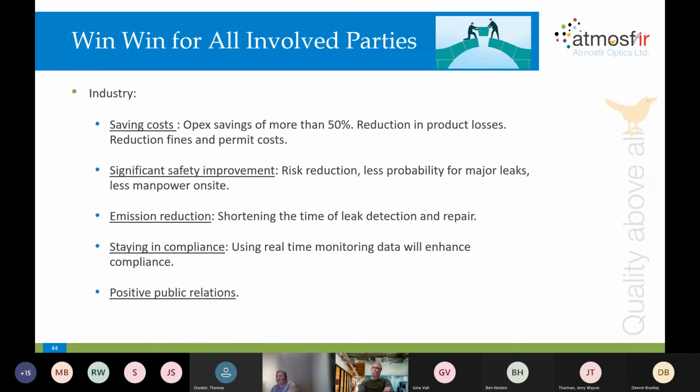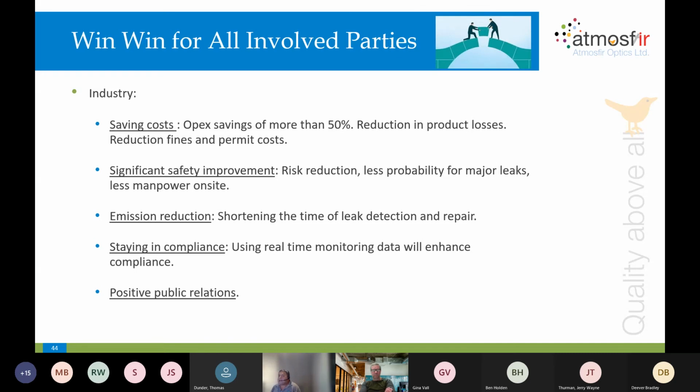And the industry will have cost savings, saving in OPEX, saving more than 50%, reduction of product loss, reduction of fines and permit cost, significant safety improvement, risk reduction, less probability for major leaks, less manpower on site.